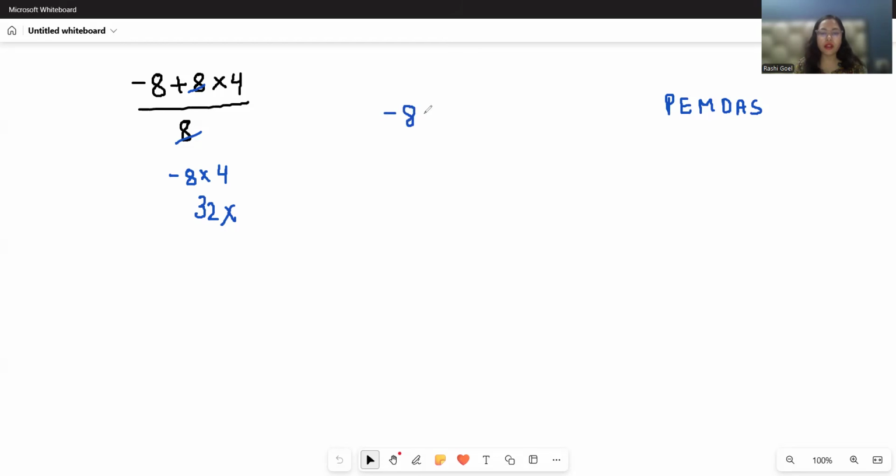So now let's rewrite this. Minus 8 plus 8 times 4. If you have confusion, put the numerator in a bracket, then the division sign, then 8, the denominator. So first we have to solve the parenthesis, and in the parenthesis there are 3 symbols, that is subtraction, addition and multiplication. So we have to give priority to multiplication.